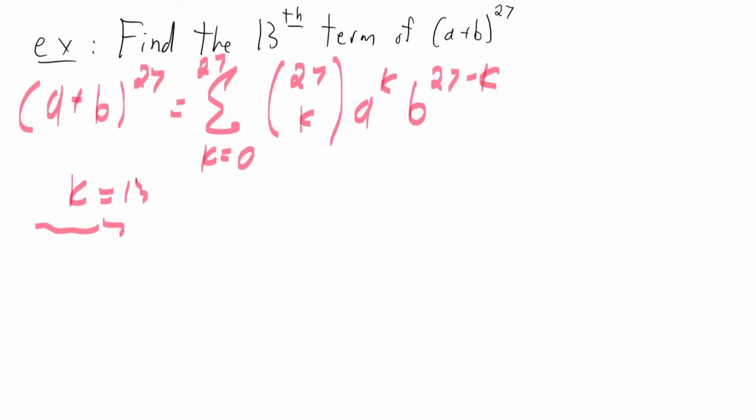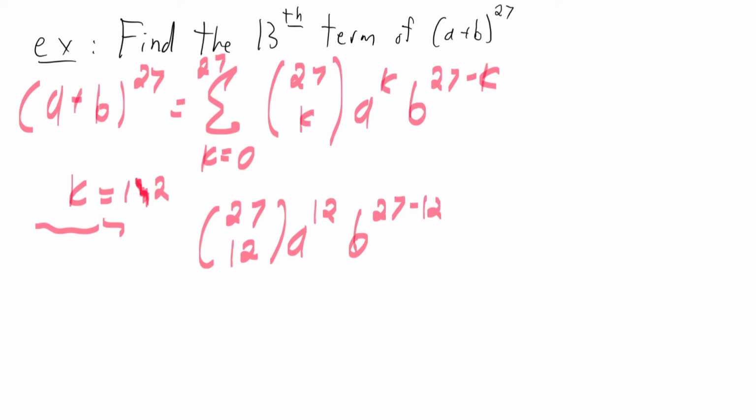Or rather, I guess k equals 12 for the 13th term. So 27 choose 12, a to the 12 times b to the 27 minus 12. So I would get this.